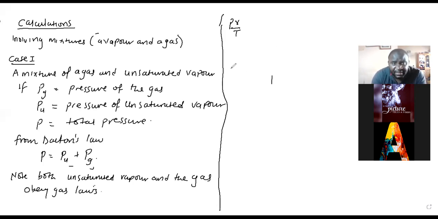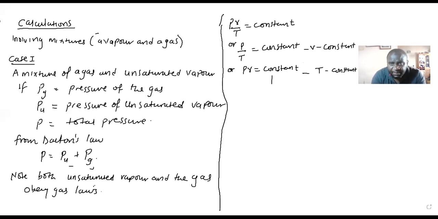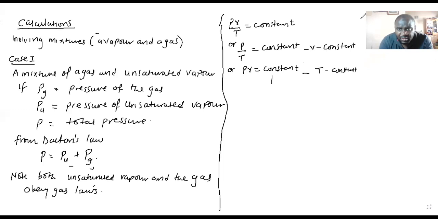Also, PV is equal to a constant if the temperature is constant. So here V is a constant, and here T is constant. If the temperature is not changing, you know what is going to happen. If the volume is not changing, you should be in a position to know what is going to happen.